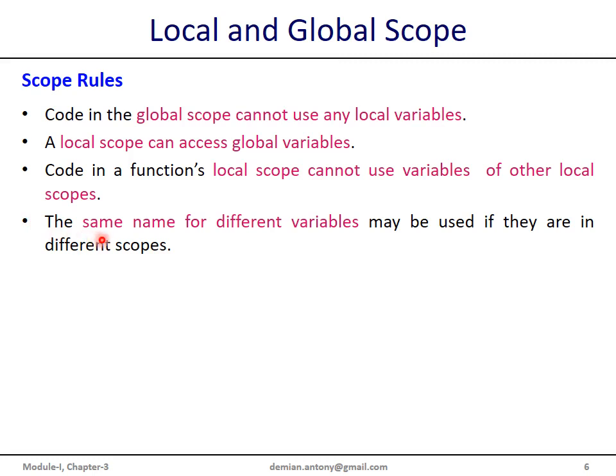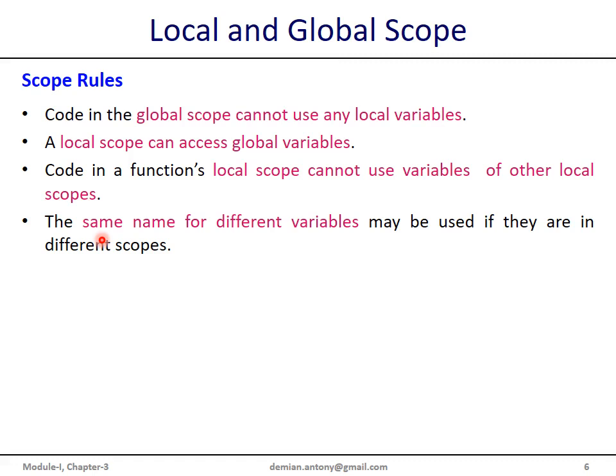The fourth one is that the same name for different variables may be used if they belong to different scopes. For example, we define a variable x in a function as well as in the global scope. It is possible because they are found in two different scopes.